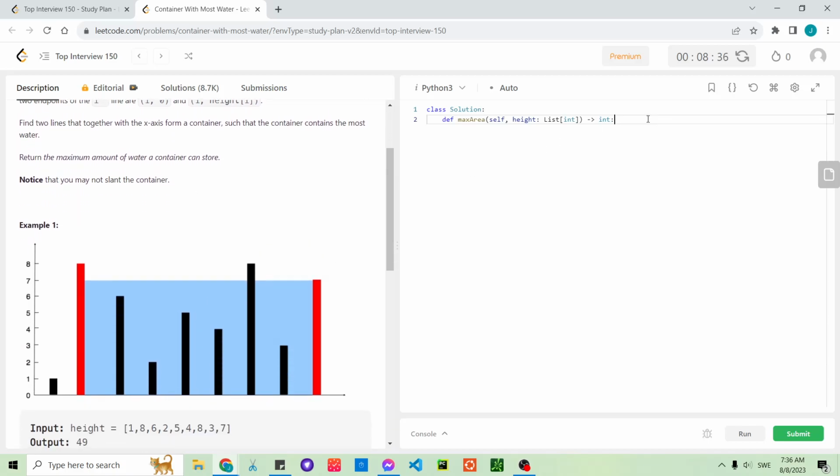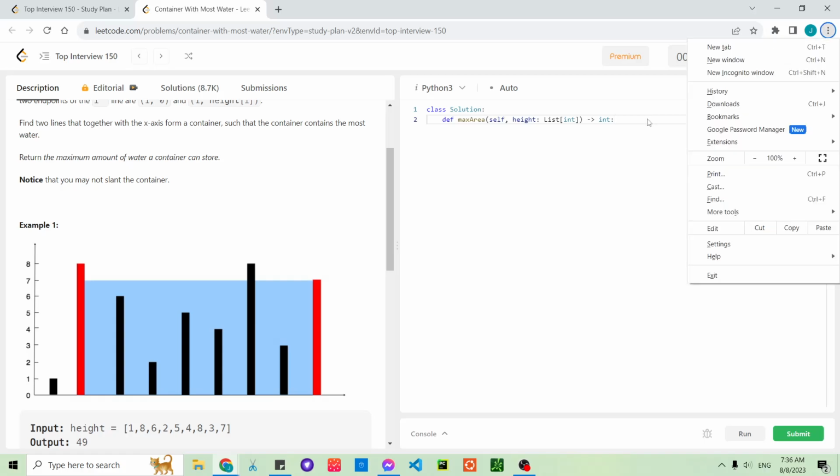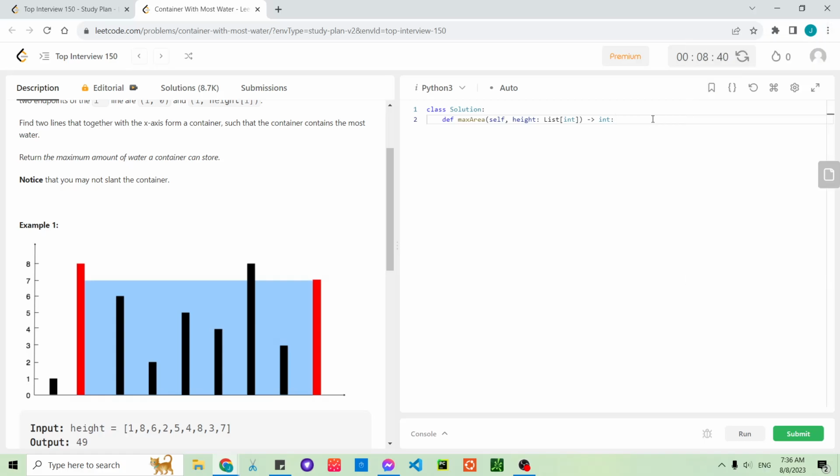So we have left pointer starting from the left, right pointer starting from the length of this height list minus 1. While left is smaller than right, let's see. We also want to have this amount that will be running.